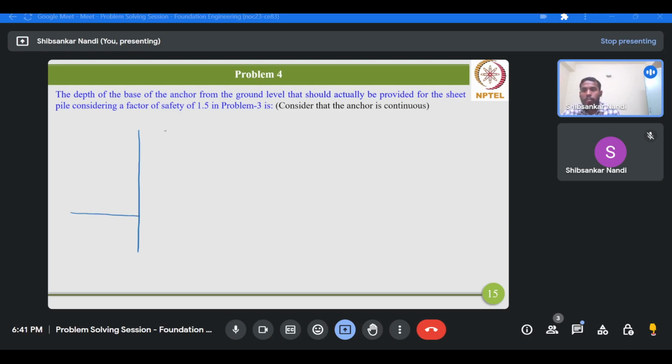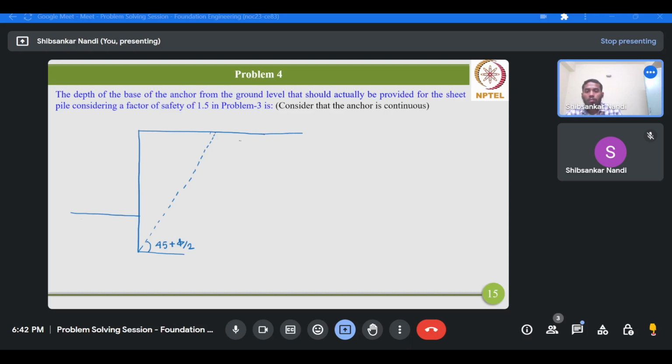This is the ledge level, this is the ground level. Since this right hand part is under active condition, the rupture surface or failure surface will be inclined at an angle of 45 degree plus phi/2.